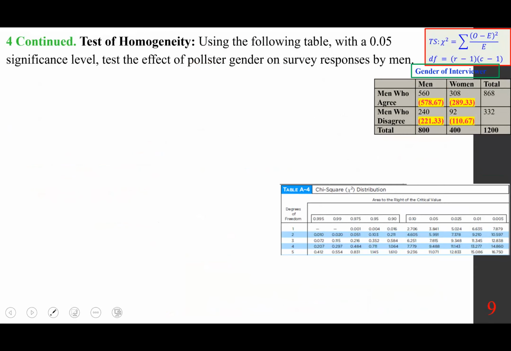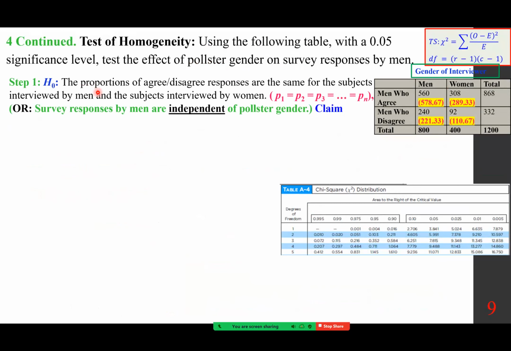Again, this is the information from the previous page. H0: the proportions of agree-disagree responses are the same for the subjects interviewed by men and the subjects interviewed by women. In other words, P1 equals P2, however many. One way to write that is: survey responses by men are independent of poster gender.